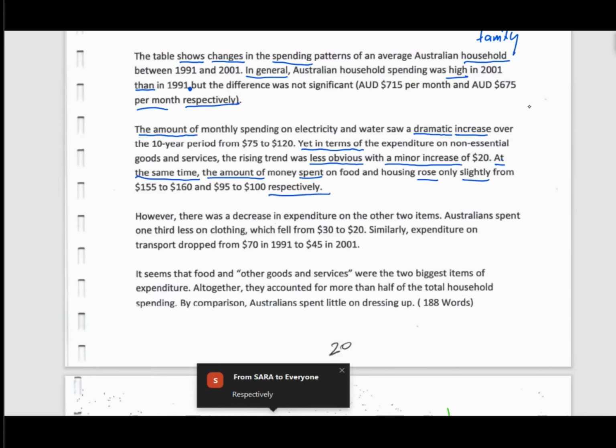Respectively. What is respectively here? One following the other. Respectively means one following the other. Do you understand it?